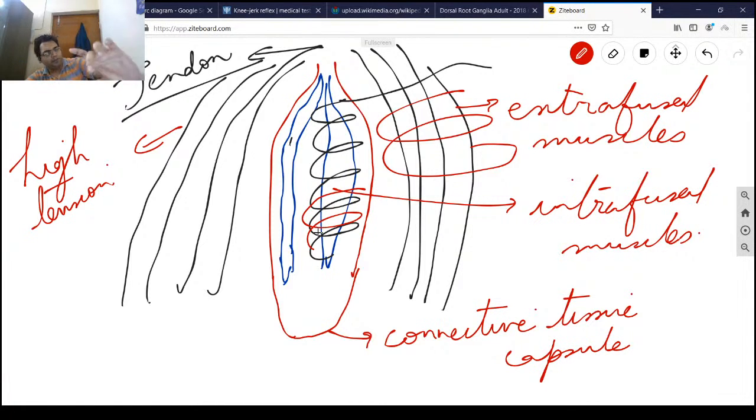This will not contract that much, it will contract a little, but it will provide the sensitivity paradigm to the extrafusal muscle, that this much contraction is enough. So that is the main difference between intrafusal and extrafusal.